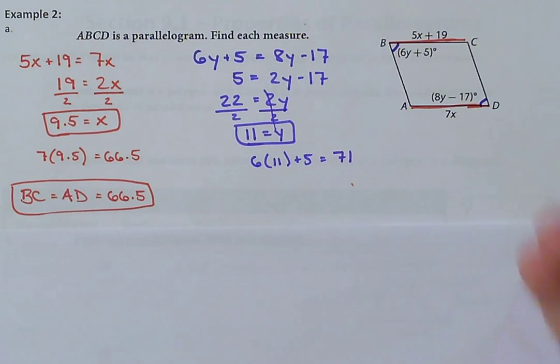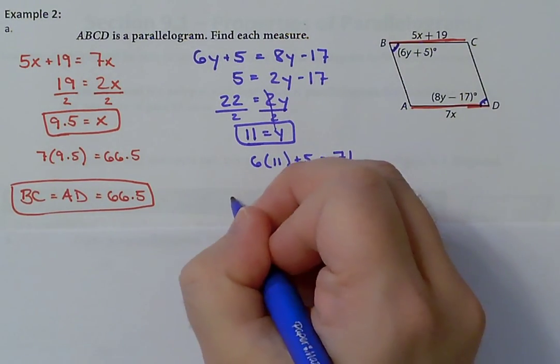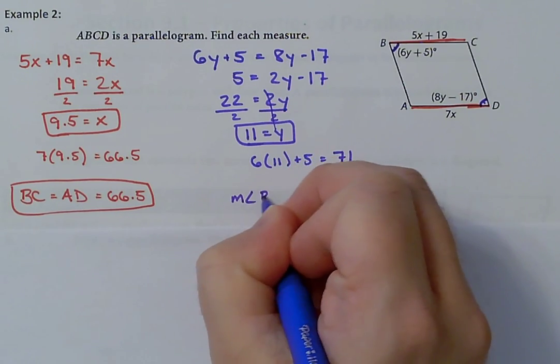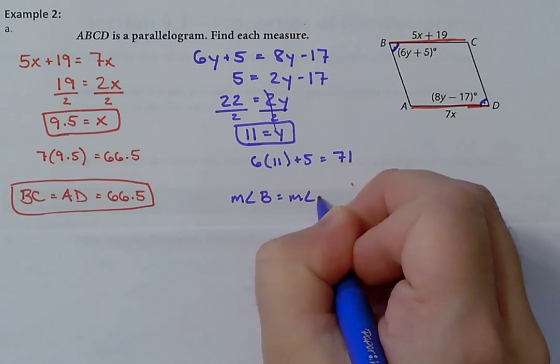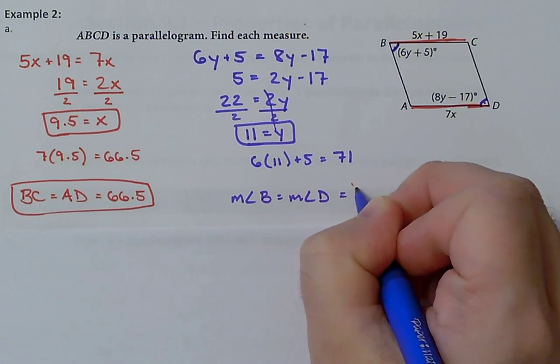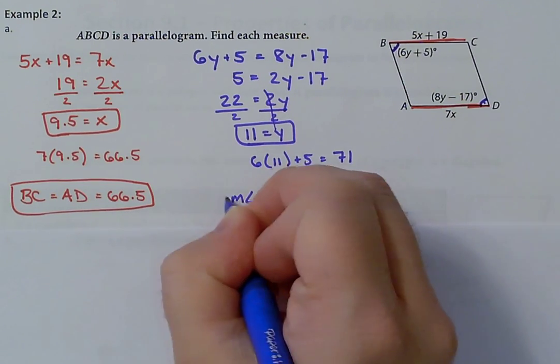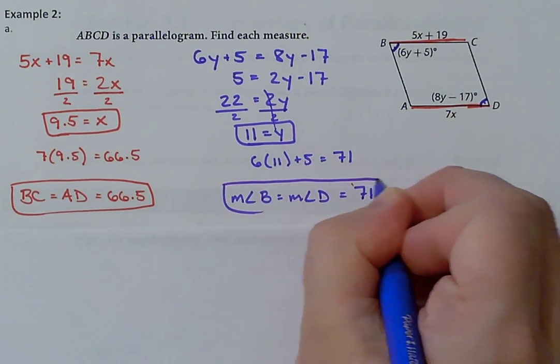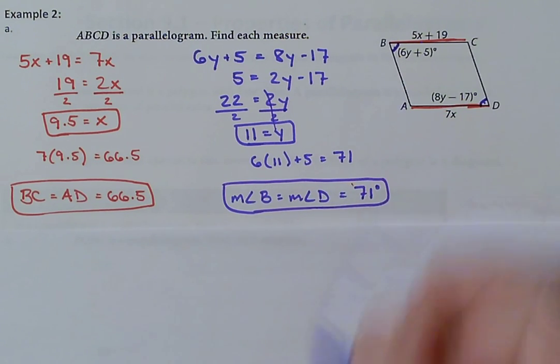So the measure of angle B and the measure of angle D are the same measure because they're opposite, and they are 71 degrees. And that is our answer for example 2, part A.